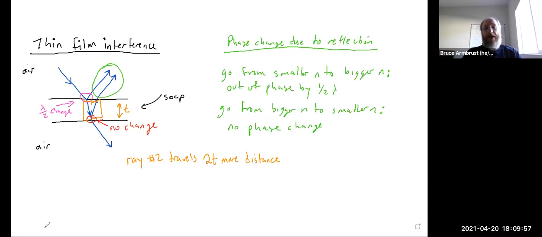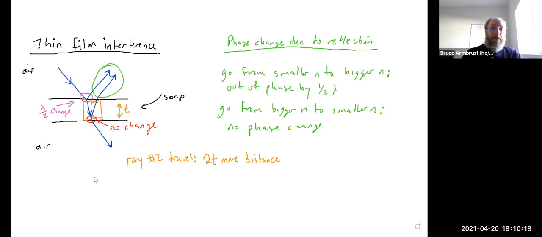So remember when we were looking at the interference of the double slit experiment, the two different rays traveled a different distance. And it was that different distance that led to either constructive or destructive interference. Well, same thing's going to happen here.